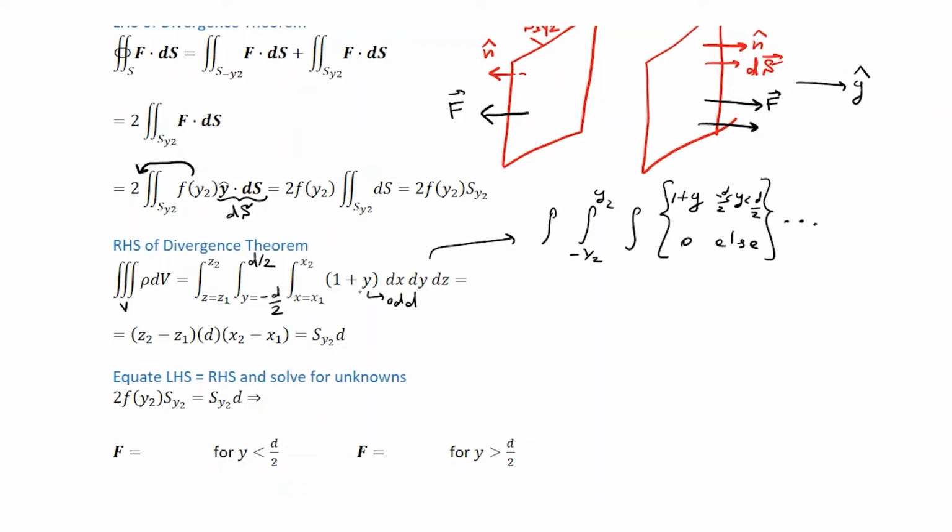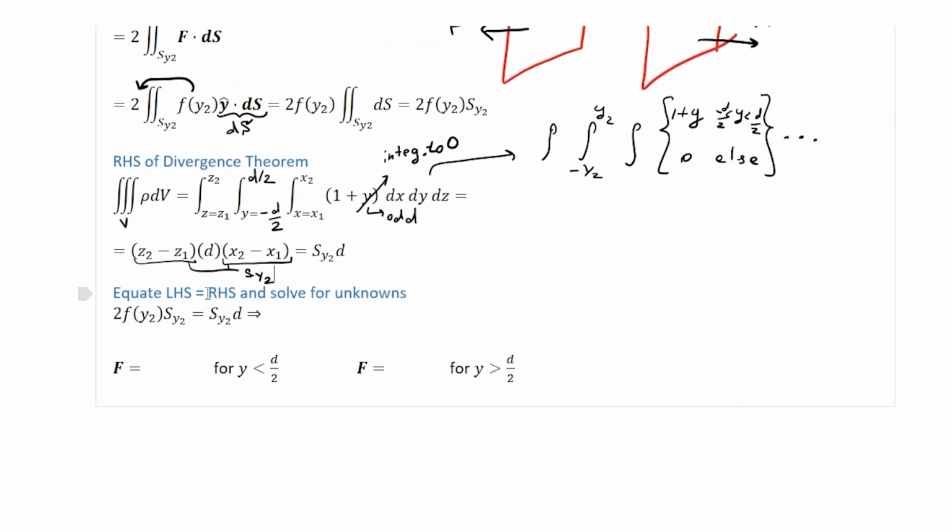That's why this integration gives you 0. So you're left with 1, and this integration is just going to give you d over 2 minus negative d over 2, which is d. Now this part times this part is just the surface area of Sy2, which is what I wrote here.